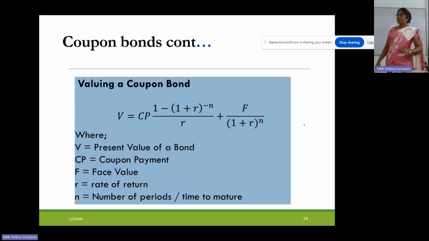So then you can calculate the value based on this formula. This is very familiar to you. Coupon we consider as an annuity, and we calculate the present value of it. Face value or the redemption price is considered as a single lump sum payment; discount it and calculate the value.